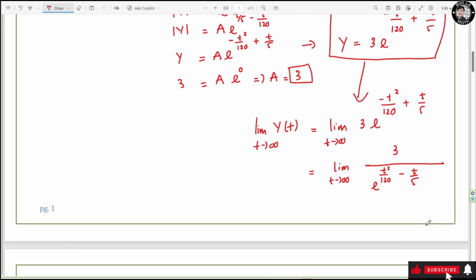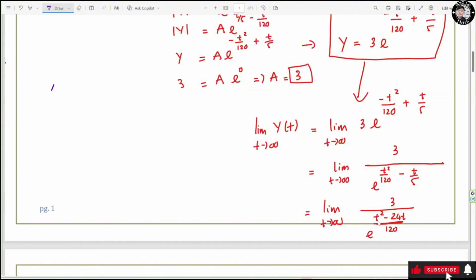So I can rewrite this as the limit when t approaches infinity of 3 over e to the. Now I can rewrite this one and this one with the same denominator. So the denominator is 120, and this becomes t squared minus 24t.